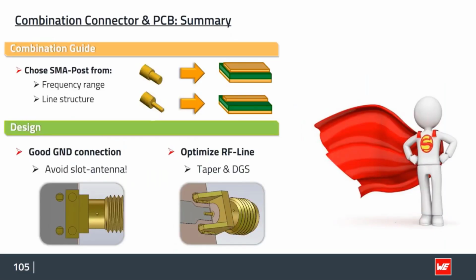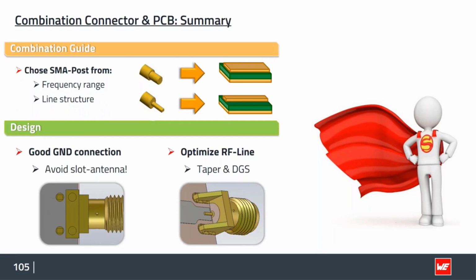So you see that it's easier to use the blunt post for the lower frequency range and microstrip lines, for example, where you have big transmission lines, and the flat tap where you have coplanar waveguide or structures with small transmission lines. And do not only take care of the ground connection. Of course, you should.